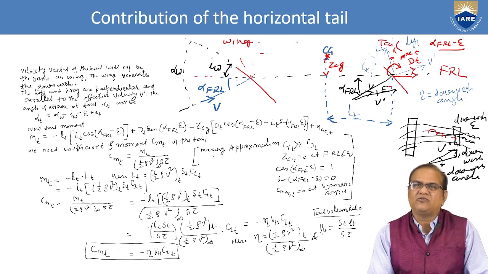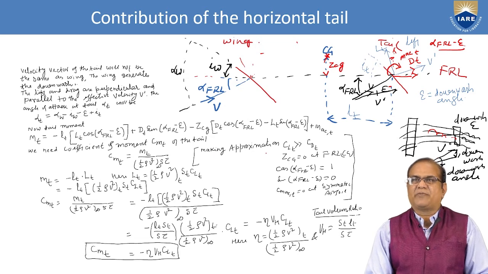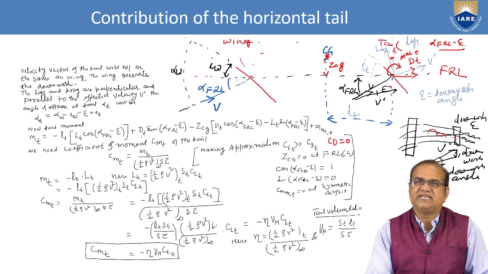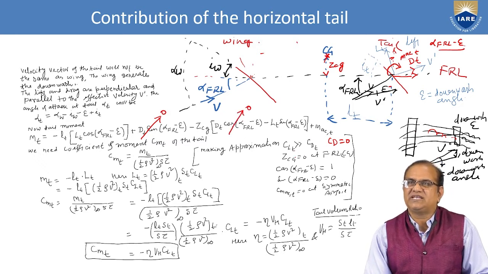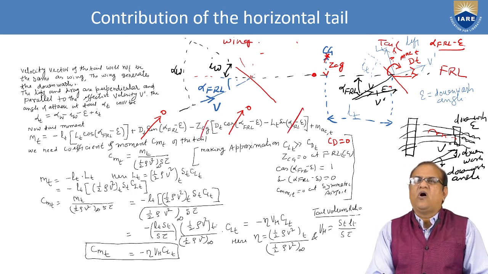Here we have taken some approximation. Making the approximation that CLT is much greater than CD, everywhere the CD will be 0. So this D is 0 here. Here this thing is 0 due to this approximation. ZCG is on this line here, so wherever ZCG is there, that will also cancel.